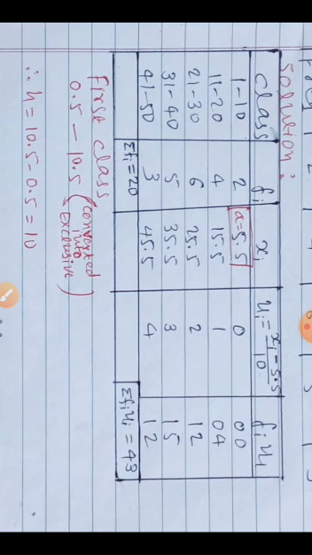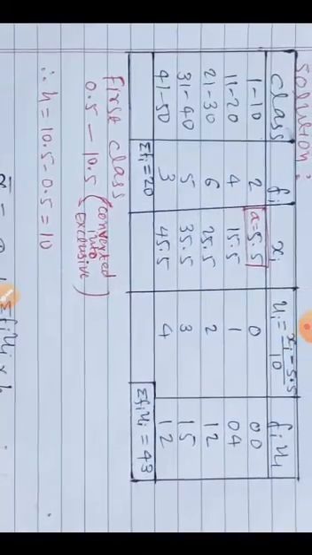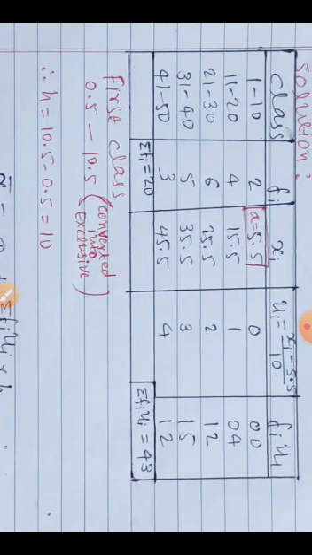First of all, 2 multiplied by 0 is 0, not 2. Like 4 ones are 4, 6 twos are 12, 5 threes are 15, 3 fours are 12. So the total of the whole column is 43. It is known as sigma fiui, and the total of fi is sigma fi.